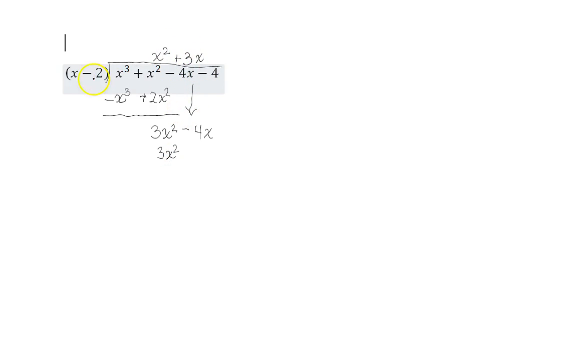And then 3x times negative 2 is going to get me a negative 6x. And again, I'm subtracting, so I'm going to change my signs. And now I'm going to have a 0x squared, and I'm going to have a 2x, and I'm going to bring down my negative 4.